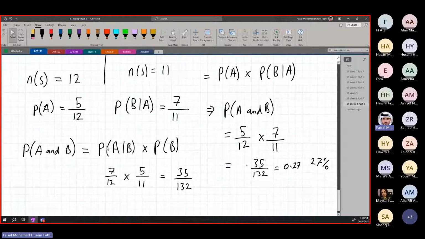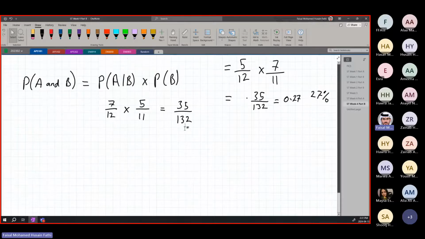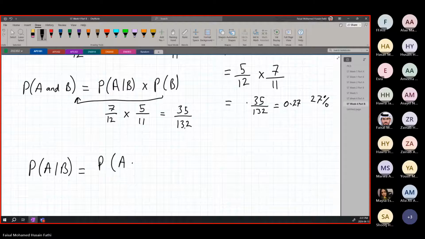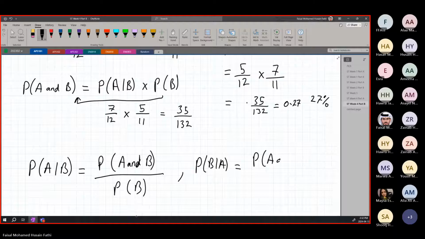Okay? So P of A given B times P of B is the same as saying P of A times P of B given A. So if I rearrange this equation, you will notice that P of A given B is equal to, if I just take this P of B and put it down here, P of A and B over P of B. The same thing can be said about P of B given A, it is going to be equal to P of A and B over P of A. Okay, this is just rearranging the formula here.